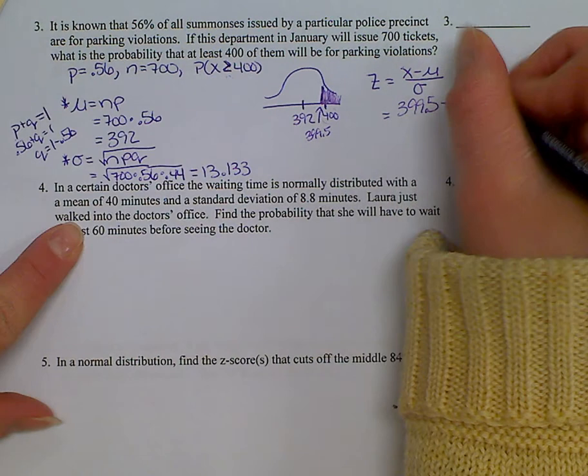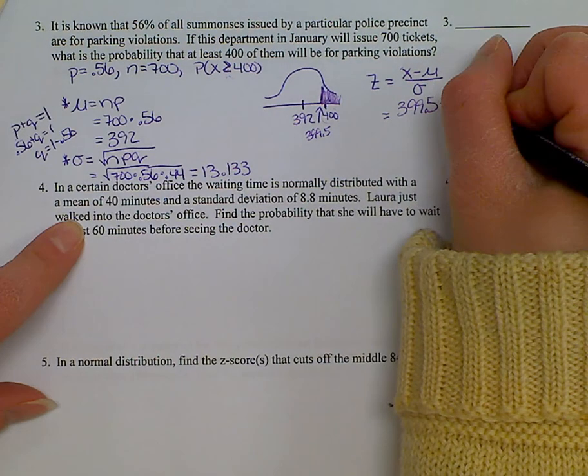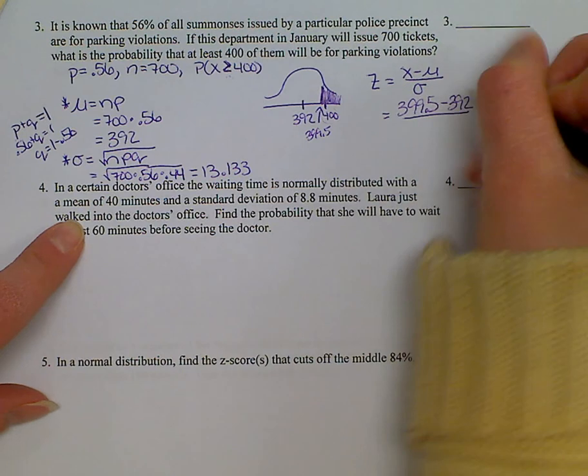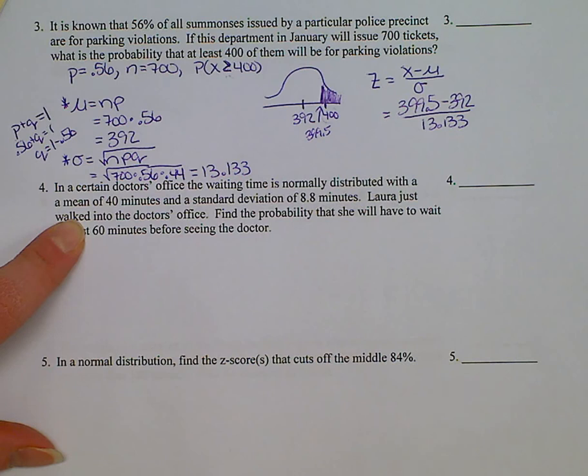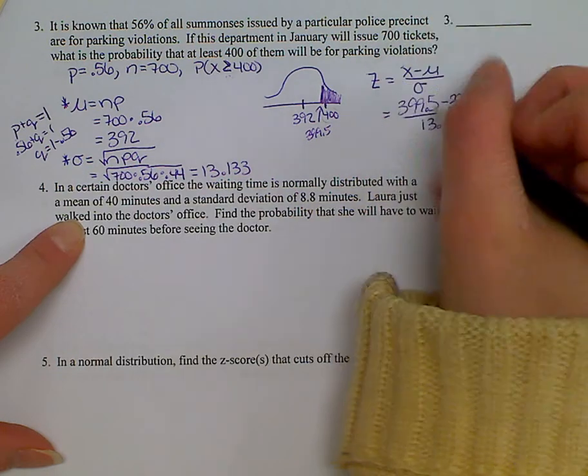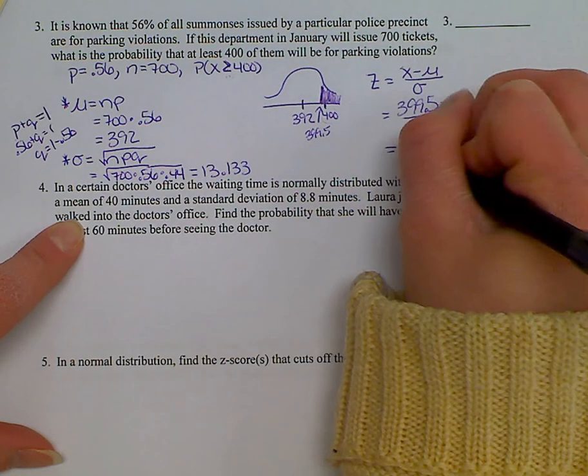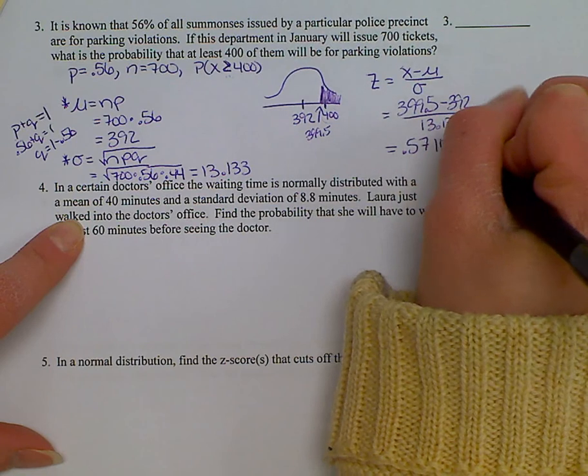So my x is 399.5. My mean, we calculated, is 392, and our standard deviation is 13.133. So for our standard score, we're going to get, to 2 decimal places, 0.57.